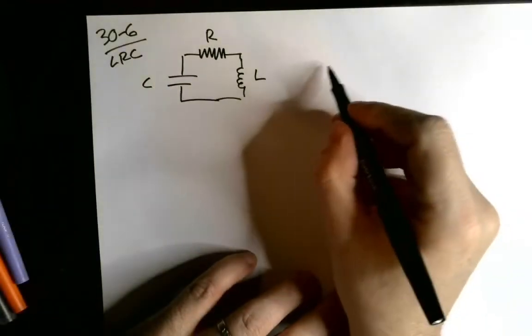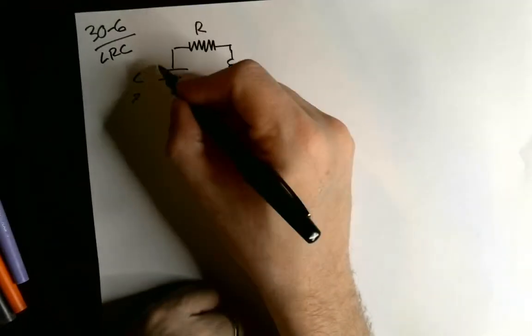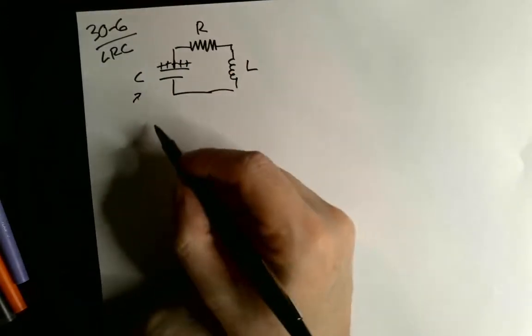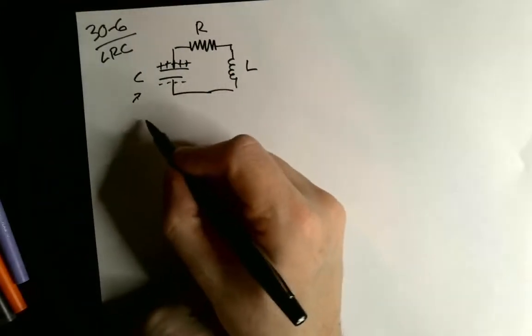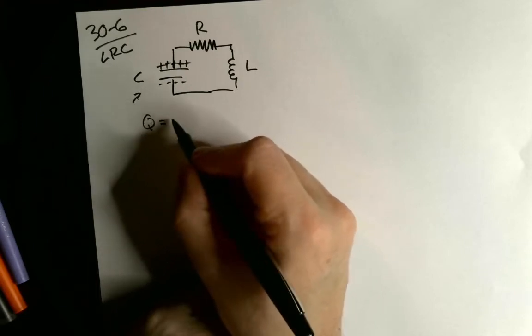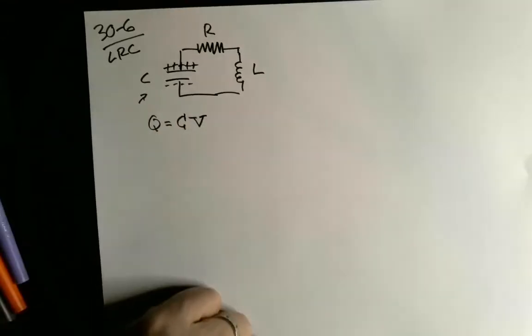Well, before we said that the voltage created by the capacitor, if you were to charge this capacitor up, is governed by the equation that the charge on the capacitor is proportional to the capacitance, Q equals CV.